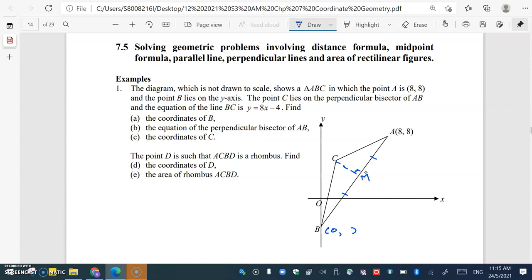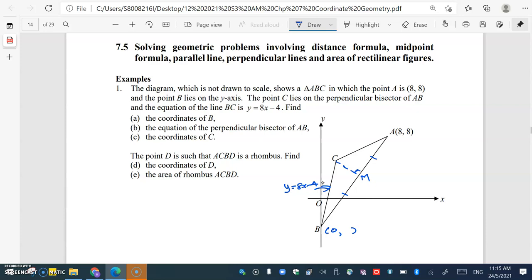It also says that the equation of the line BC is y equals 8x minus 4. So BC, this line, y equals 8x minus 4. These are the pieces of information provided to you. First and foremost, they want you to find the coordinates of B. We know that the x value for B is 0 because it sits on the y-axis.